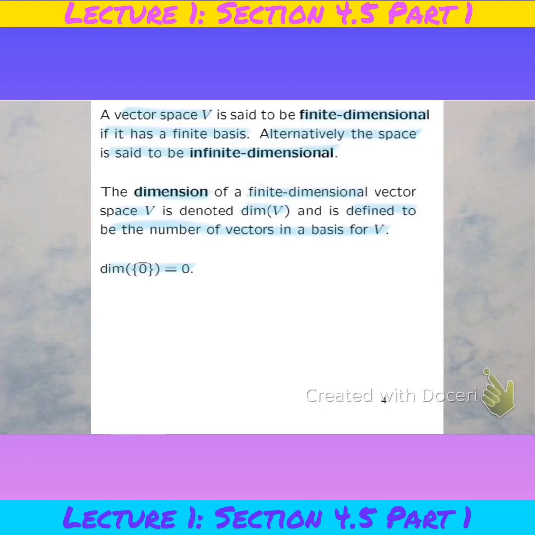Remember that if a set only contains the zero vector, it's not very interesting to work with, because the linear independence requirement doesn't work so well, since you can find non-trivial solutions to that equation. So by definition, the dimension of a vector space only containing the zero vector is 0.